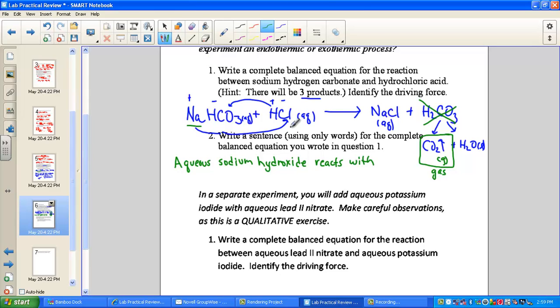Then I see HCl, aqueous. Aqueous hydrochloric acid is redundant because we know acids are always in water. So I'm just going to write hydrochloric acid. Then I have the arrow, which means to form, produces, yields. Last time I'll write to form. Aqueous sodium chloride.